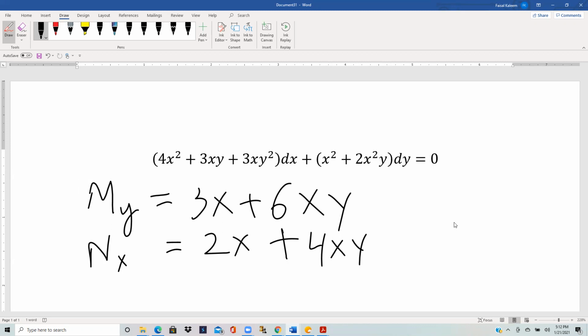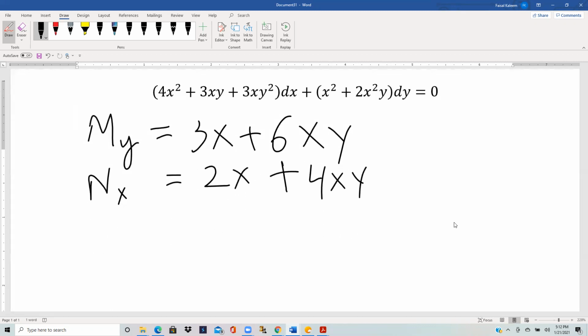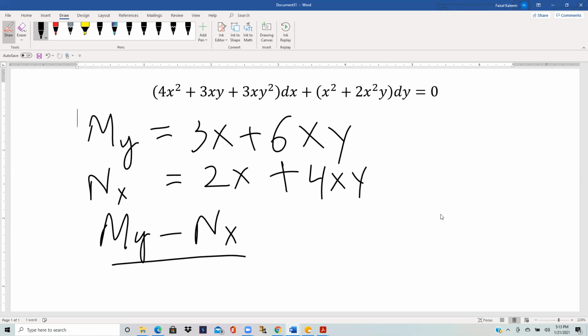And now remember, when it's not exact, we check the difference quotient. So try this one: My minus Nx over N. One way to remember it is that the ones that appear in the numerator are exactly these two, the My and Nx, and you don't have to think about which order.